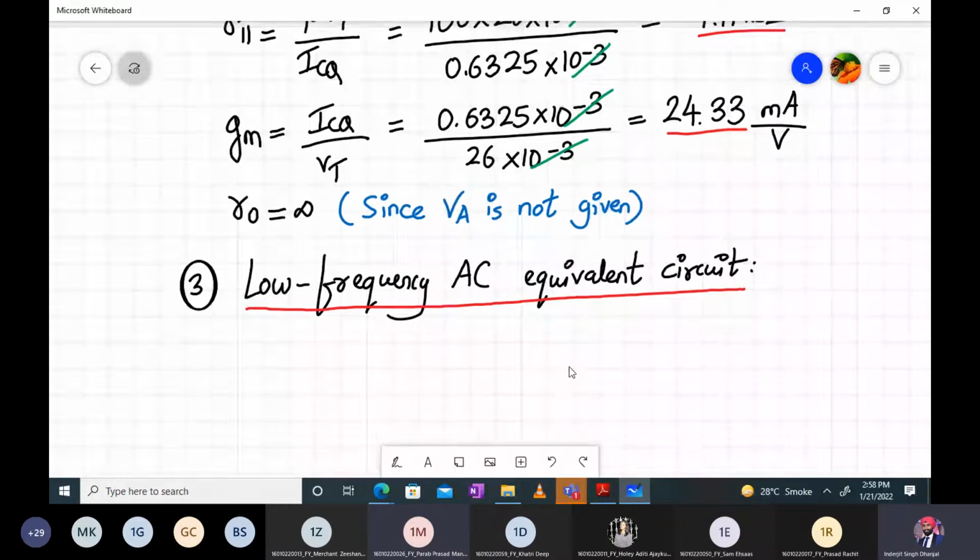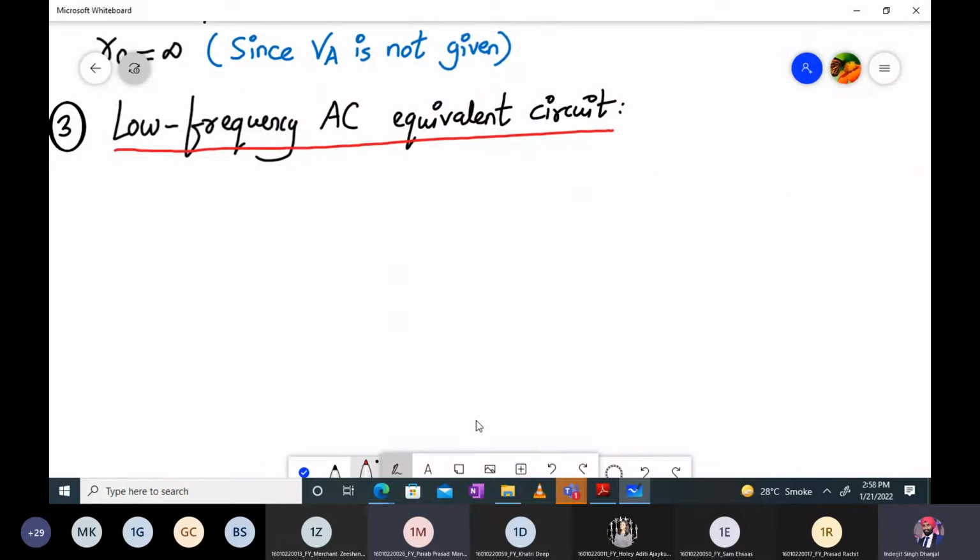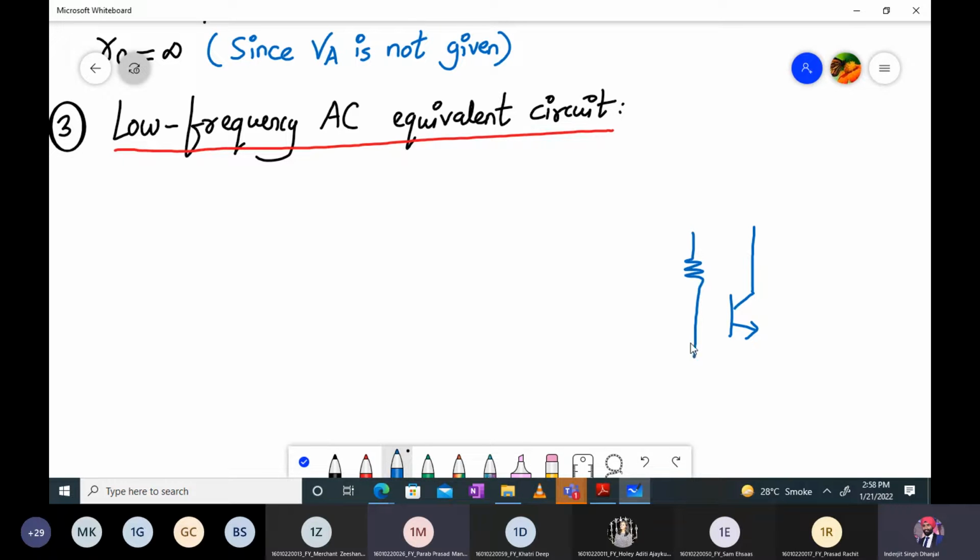So we will require the diagram now. I will draw that diagram in short over here very quickly. So we have this network. Collector was connected to the... creating the diagram which we had.